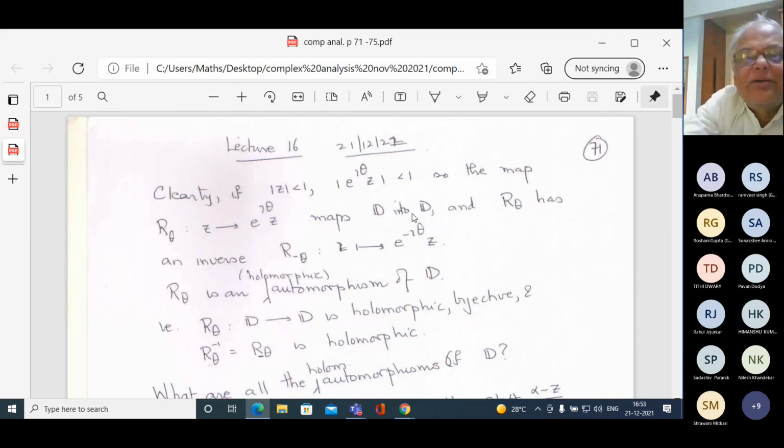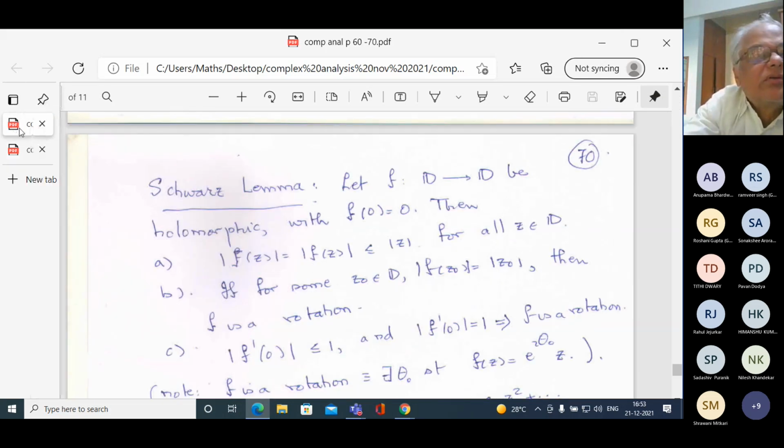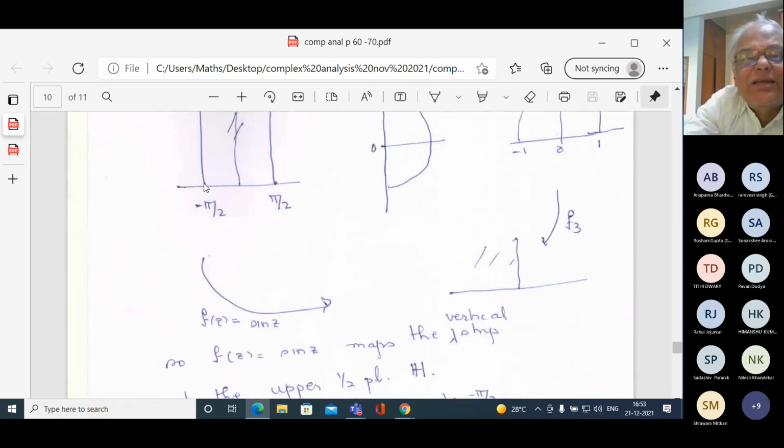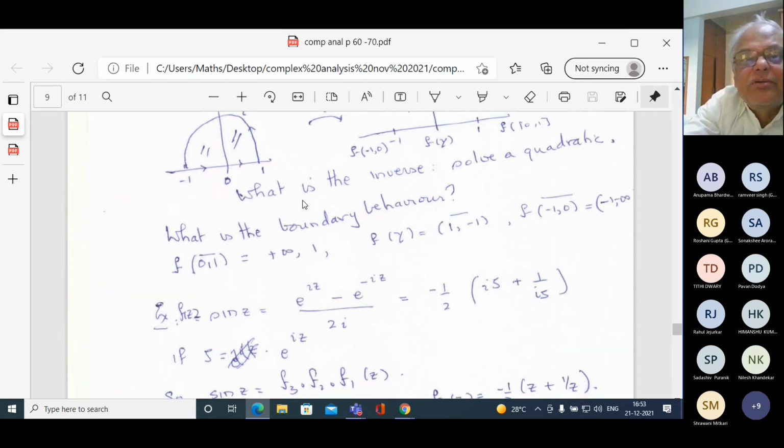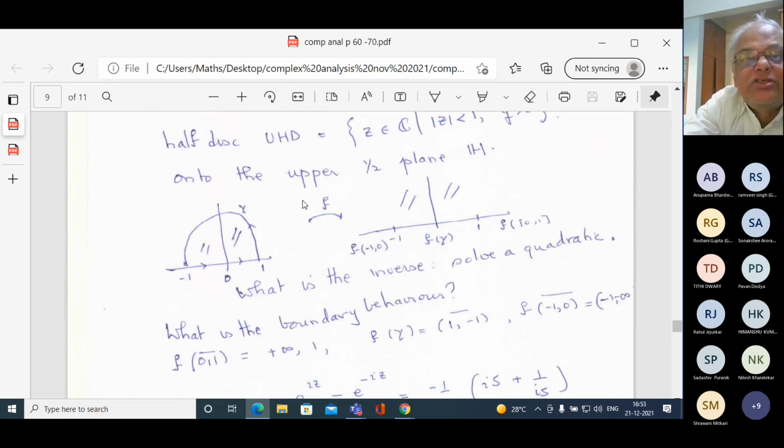Last time, before this, as I said, I was drawing various pictures of what goes to what, which region goes to which region.